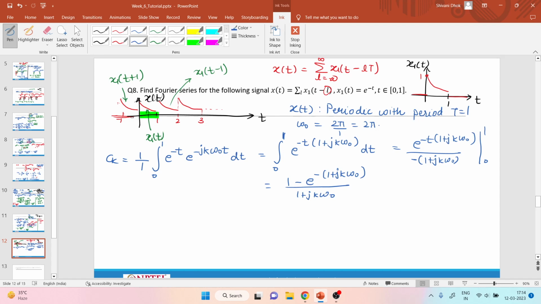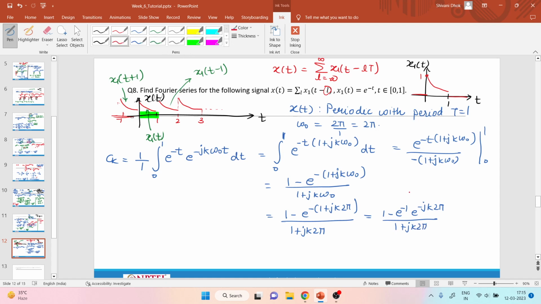And now this ω₀ takes the value of 2π, so I can simply substitute it. So I can write it as (1 - e^(-(1 + jk2π))) upon (1 + jk2π). This I can write as (1 - e^(-1) into e^(-jk2π)) upon (1 + jk2π).